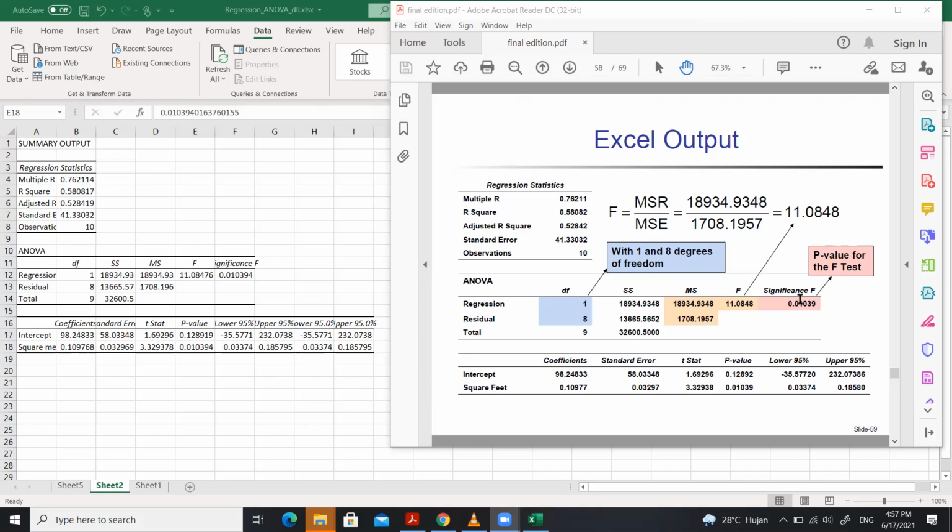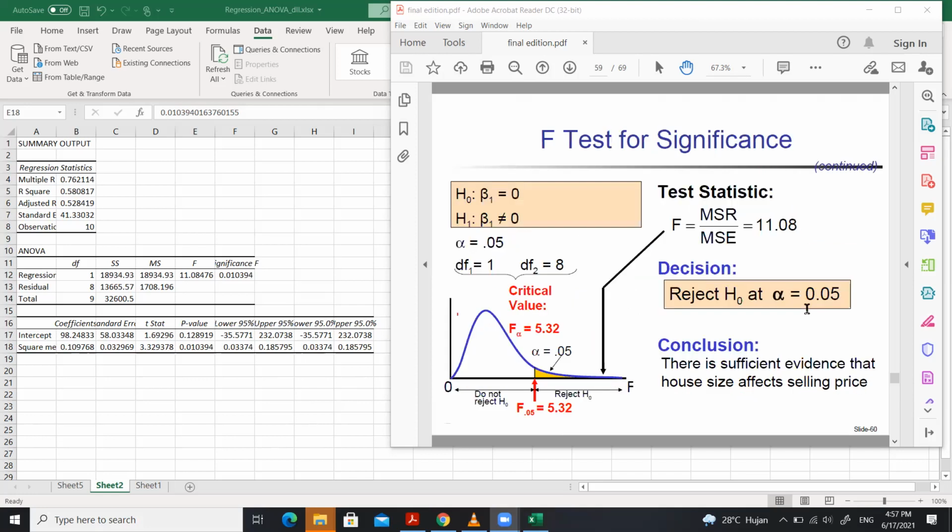So we have a result here that for the 95% significance level for the F test, the critical value is 5.32. And we arrive at an F value of 11. So the location is here. The location is here, which means that we reject beta 1.